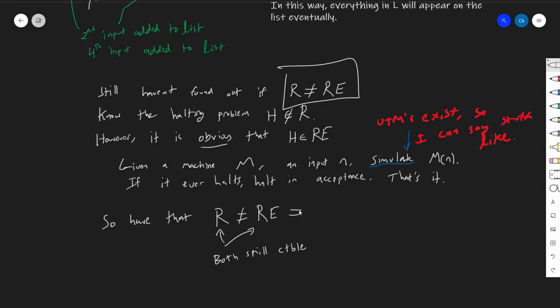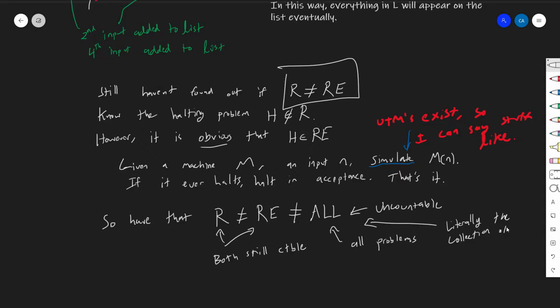But that is not the case for this other class I defined before, ALL, which is just all problems. And these two are not equal to this because this is uncountable. Why? Because ALL is literally the collection of all infinite bit strings.